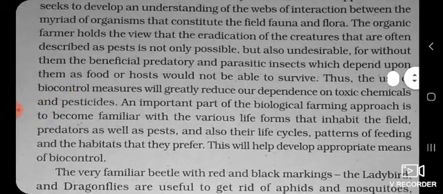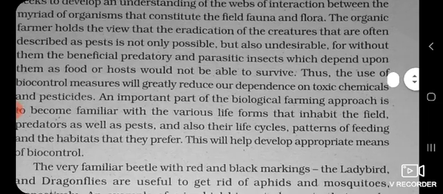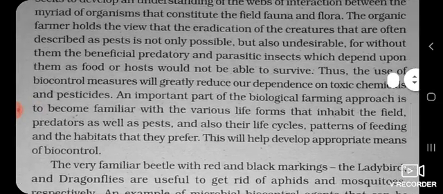Next line, the organic farmer holds the view that eradication of the creatures that are often described as pests is not only impossible but also undesirable, for without them the beneficial predatory and parasitic insects which depend upon them as food or host would not be able to survive.